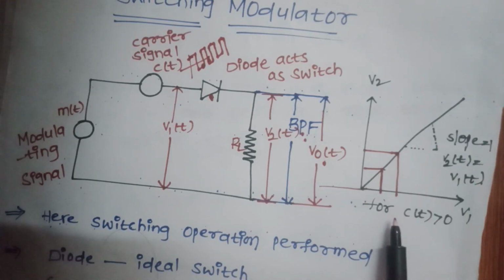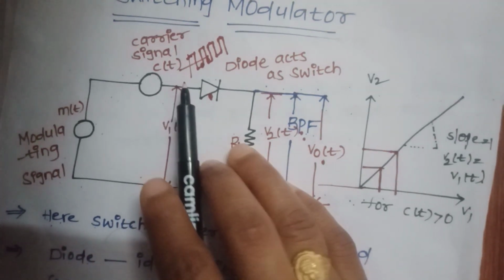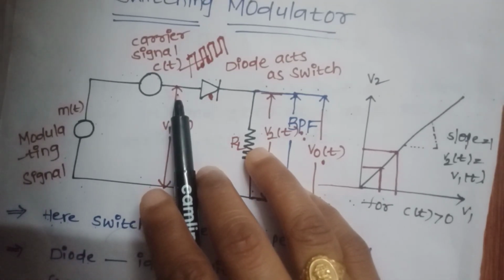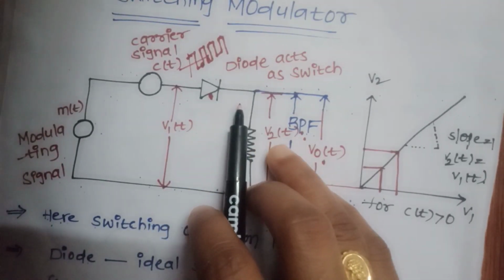That means when c(t) is greater than 0, the diode is on, and whatever we have at the input appears at the output of the diode.